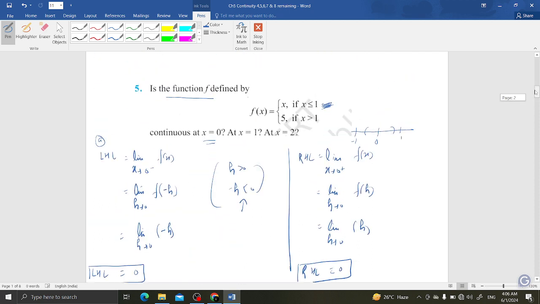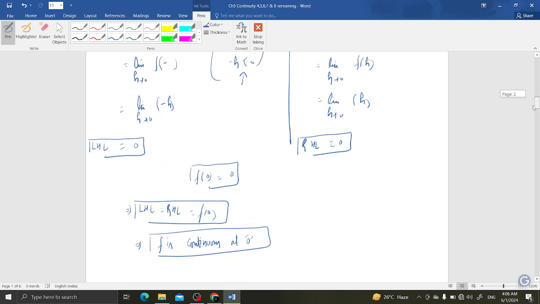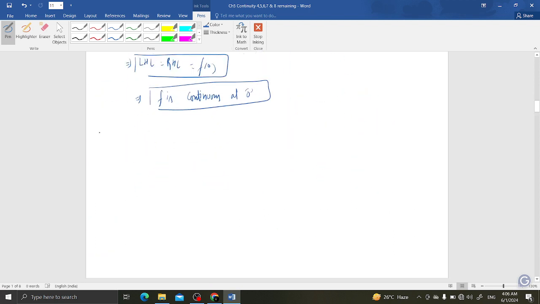Now what will be the second part? In the second part, they are saying that at x equals to 1, we need to check whether this function is continuous or not. The C part you need to do by yourself. I will do the B part. At x equal to 1, the same thing we need to do. LHL we need to find: limit x tends to 1 negative, f of x.